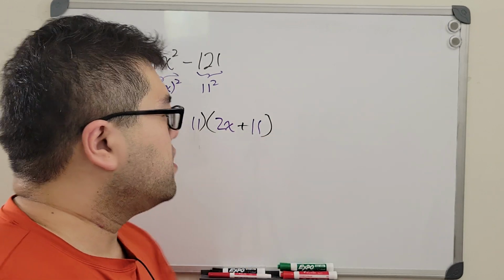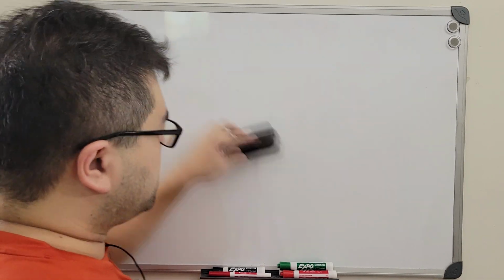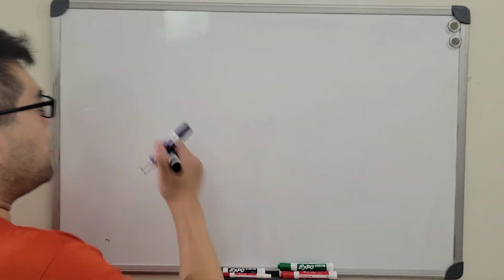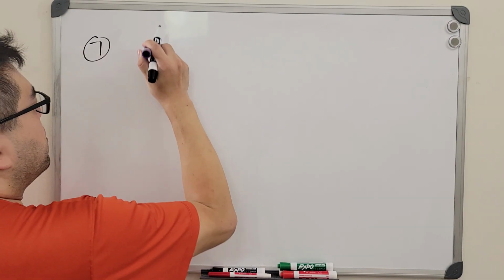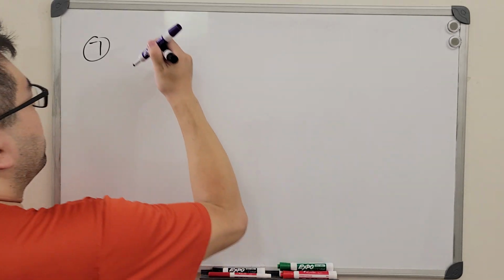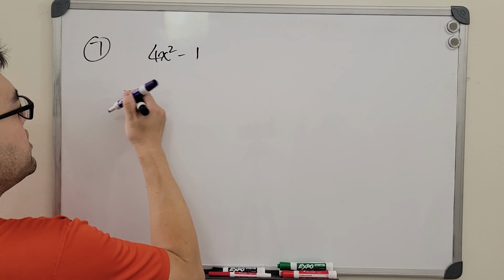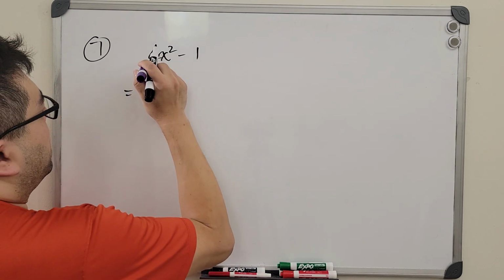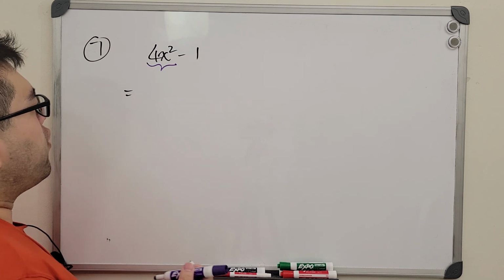Okay, next we're going to look at problem number 7. It will just be 4x squared minus 1. In this case, what is our a? Well, it will be the square root of 4x squared.